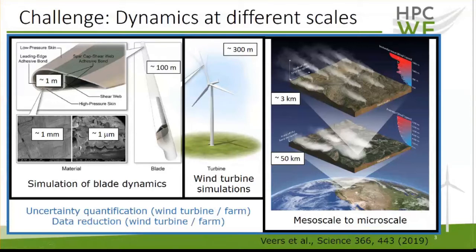That's very different scales and different methods to tackle them. In the first series of our internal meetings, we had presentations about this mesoscale to microscale simulations from the TU. And today I will show you something about these wind turbine simulations.